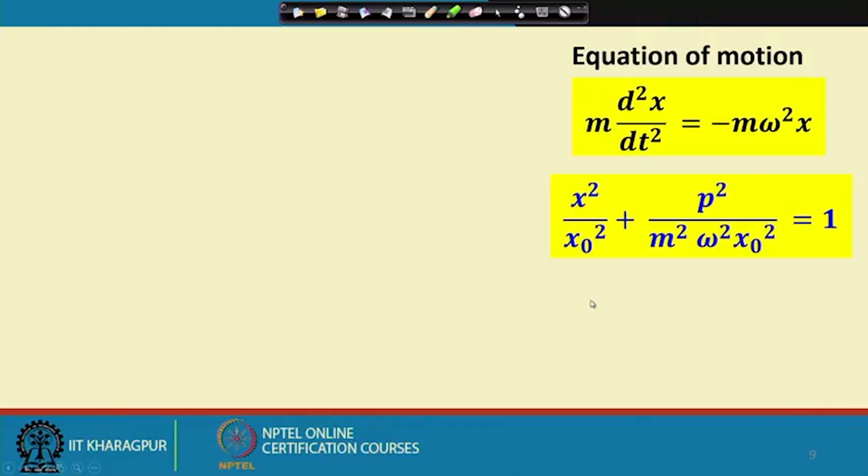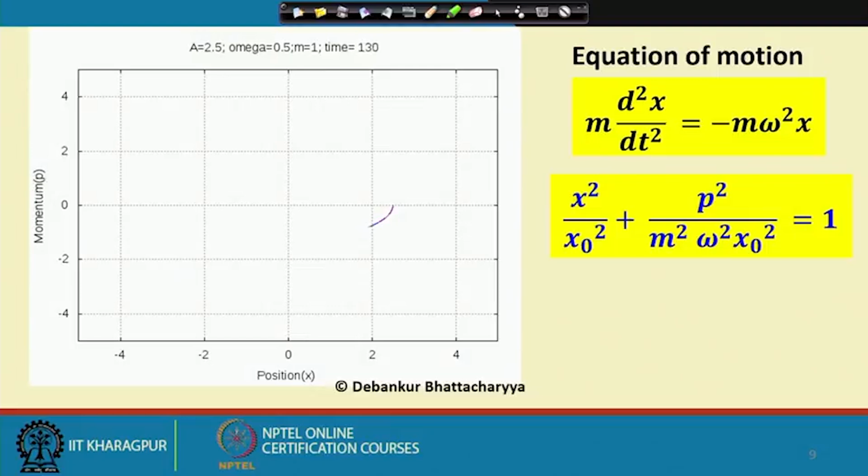I am going to see the result of x and p that I access in this system as a function of time in the phase space. This is where I start, and this is how under this equation of motion the system is evolving and tracing out a trajectory, that is a succession of x(t) and p(t) values in the phase space.